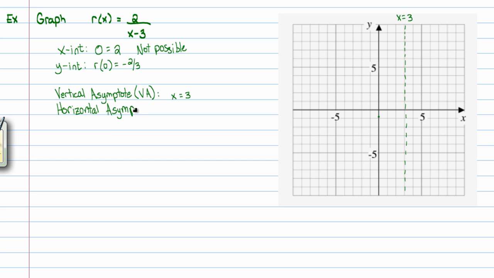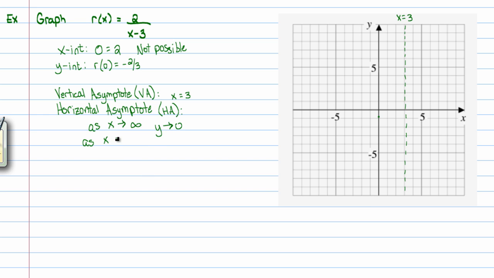And if you know anything about end behavior, it is just what happens as x gets really large. So as x approaches infinity, or in other words, as x gets huge, well, you can see you'll have 2 over some huge number, like a billion, let's say. Well, 2 over a billion is essentially 0. So y basically goes to 0.